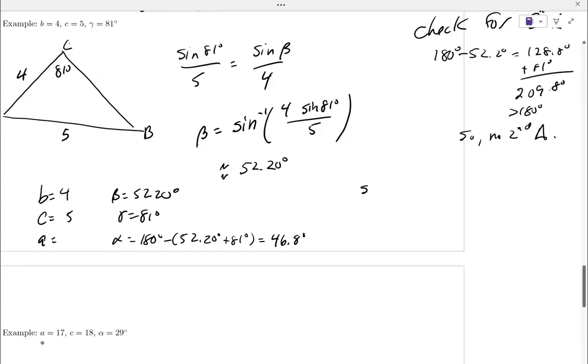Sine 81 over 5 equals sine 46.8 over A. Good. Again, I would go back to the 81 and the 5 versus using the 52 and the 4, because the 52 is a rounded number. And if you use a rounded number to find another rounded number, you're going to compound rounding errors. So we'll go back to the ones that you're given every time that you can.